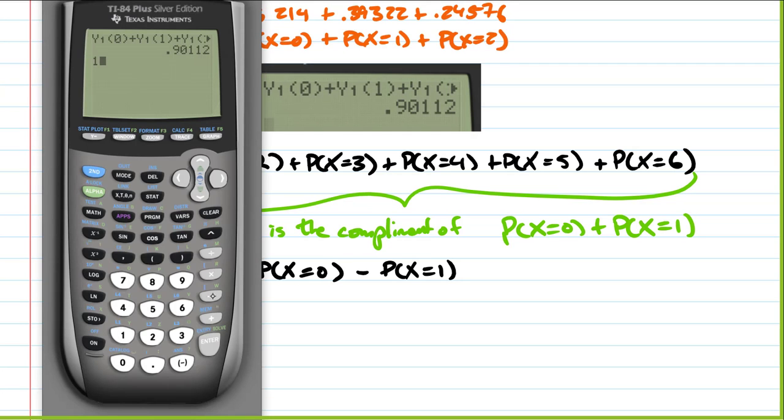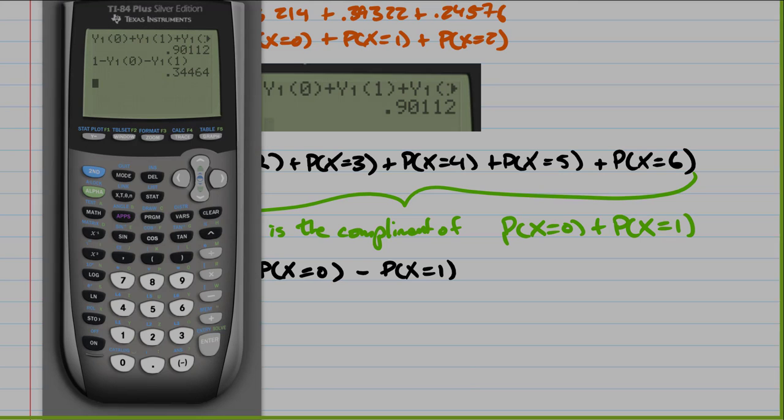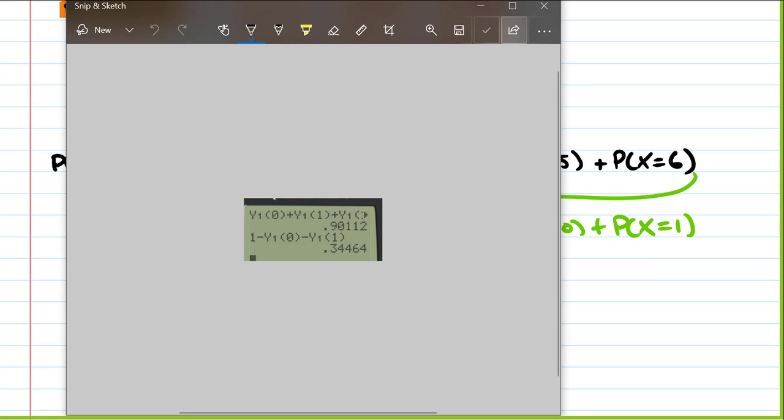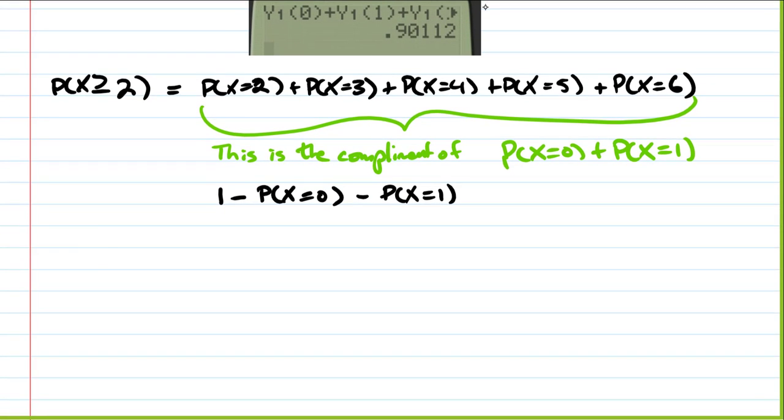So then that's 1 minus y1 of 0 minus y1 of 1. If you added all of those up, you would see you get the same thing, right?